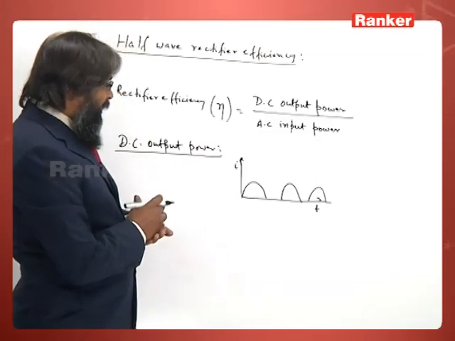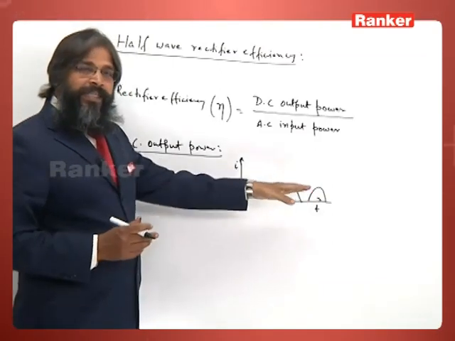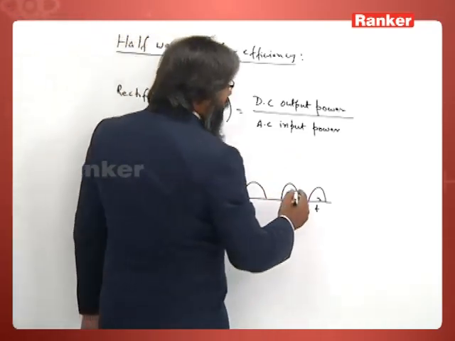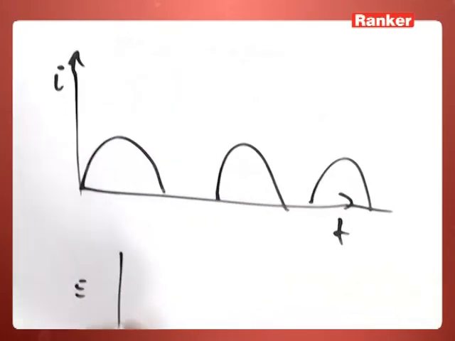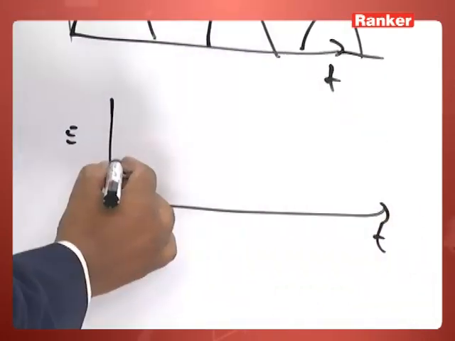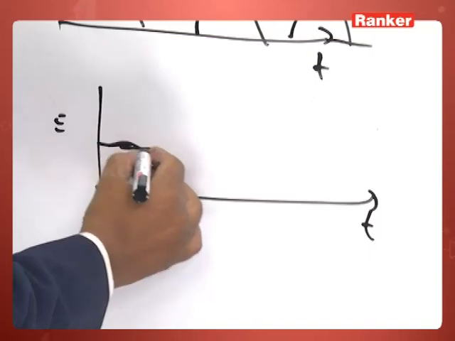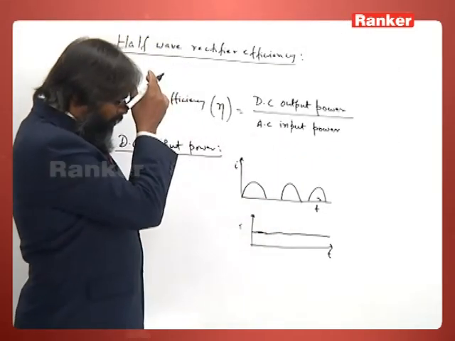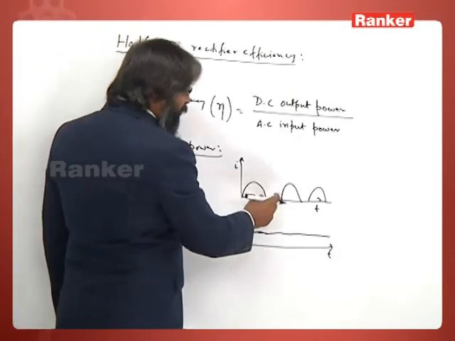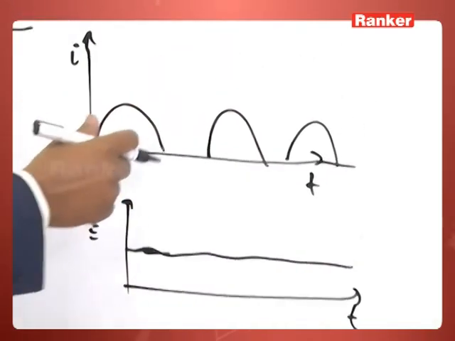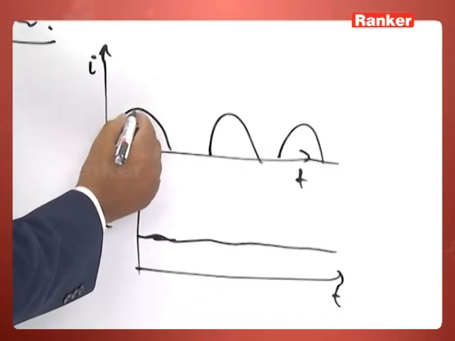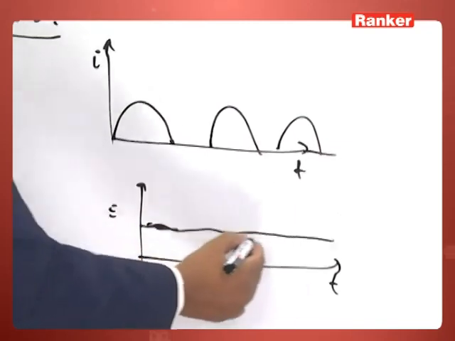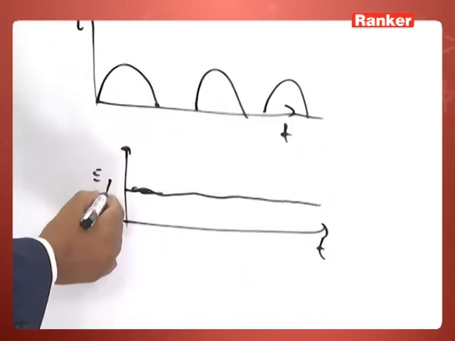Now, this current is passed through some filter circuit. Once we place it through a filter circuit consisting of a capacitor, it won't allow the current to decay abruptly to 0. So it will smooth like this, and so we will get an I DC.